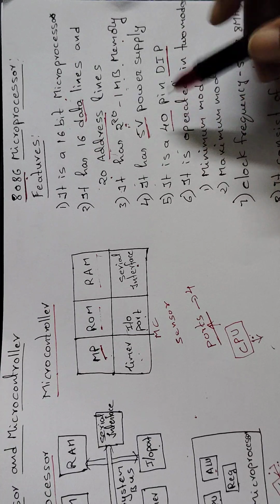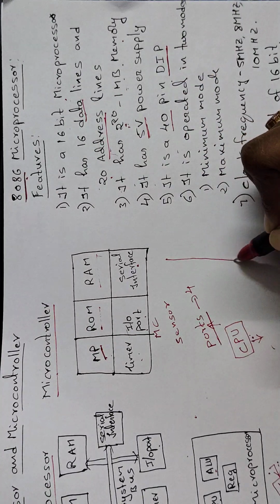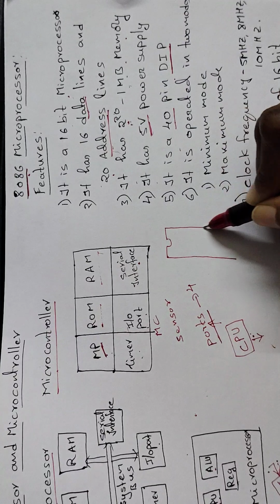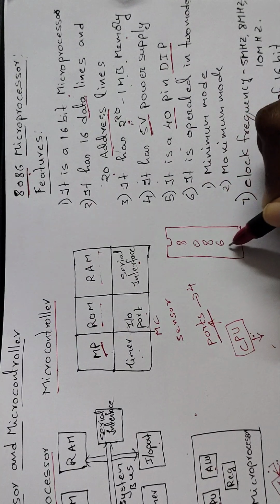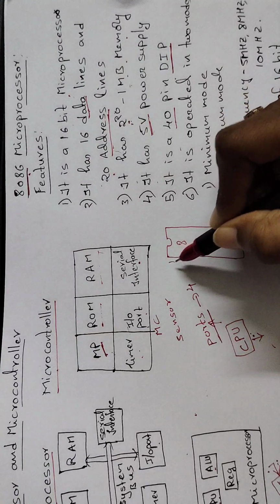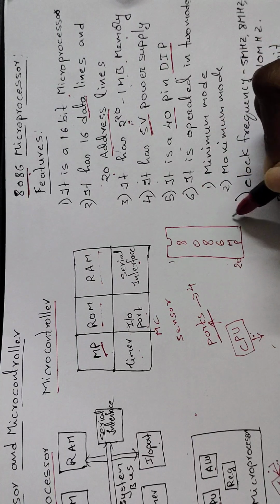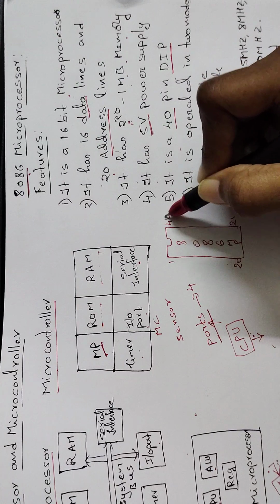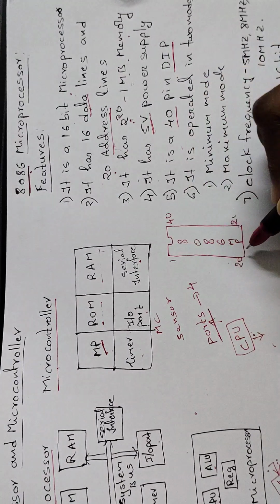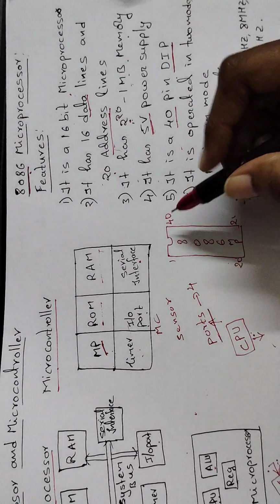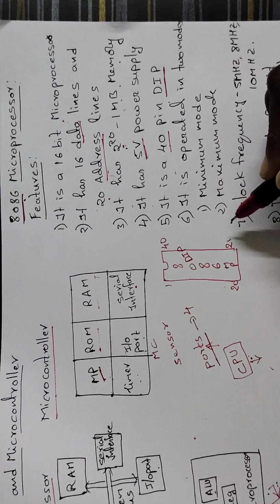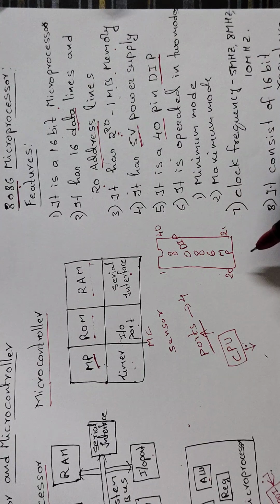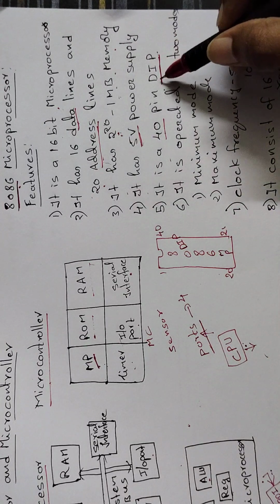It is a 40-pin IC, with pins 1 to 20 and 21 to 40. The IC looks like a dual inline package. There are different types of packages available for ICs.